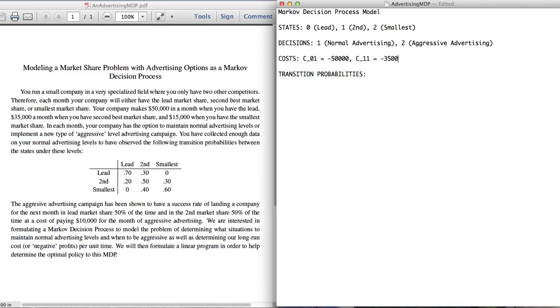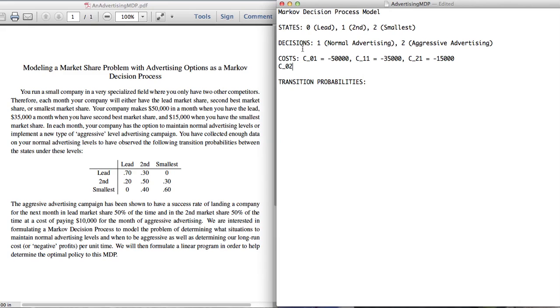And then our cost of being in the smallest market share and implementing normal advertising is negative 15,000. And then when we choose to pursue the aggressive advertising, so basically being in state 0 and choosing decision 2.